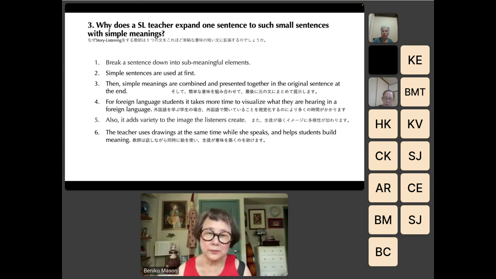So I think the students appreciate when it was explained this way, step by step, and every time when they hear the foreign language, they understand what they're hearing, and so this is helpful. Number 5, and when I do this, also it adds variety to the image the listeners create.